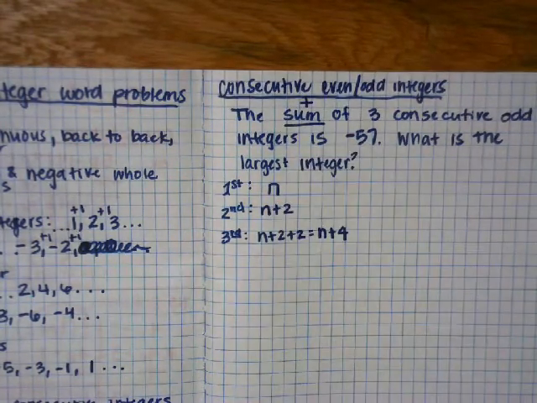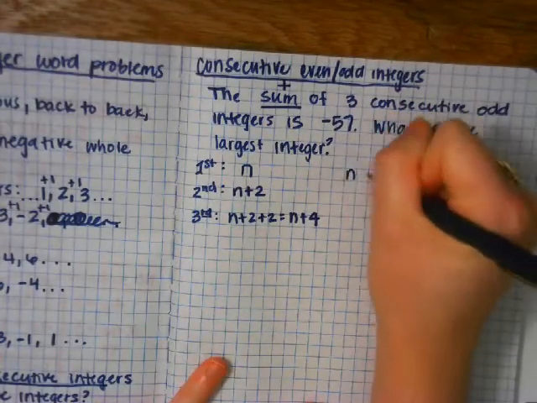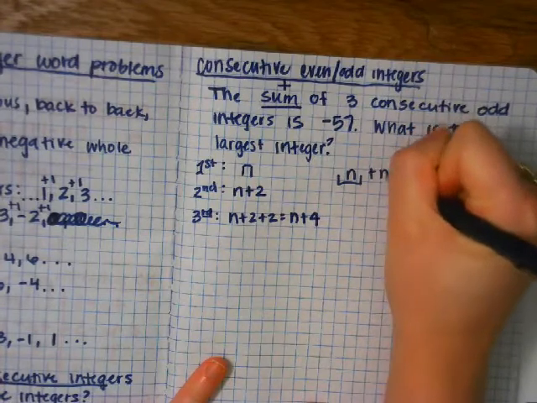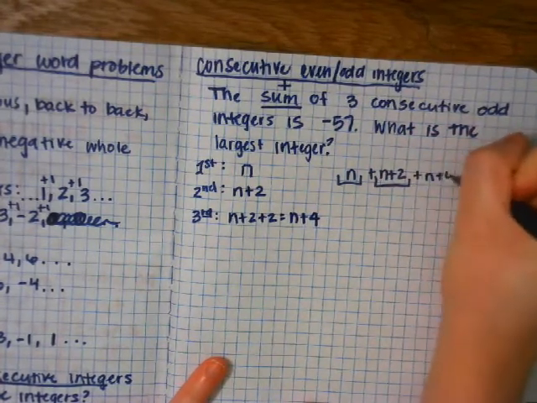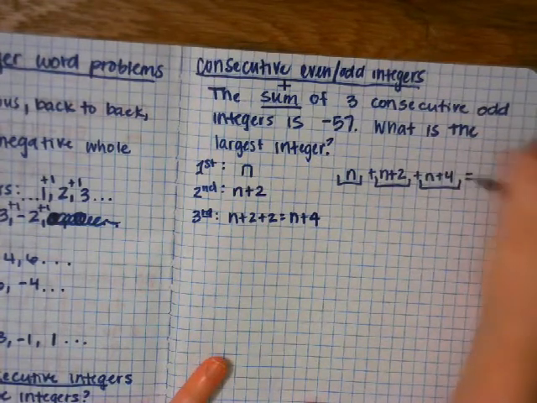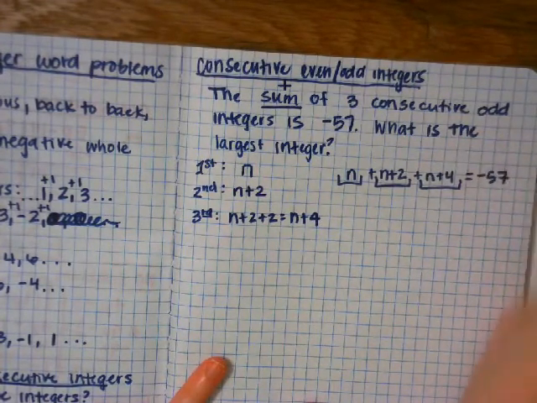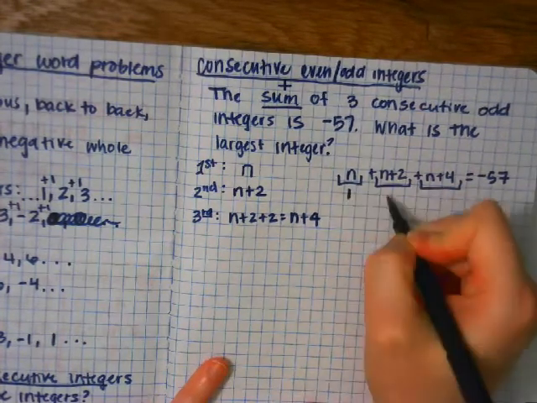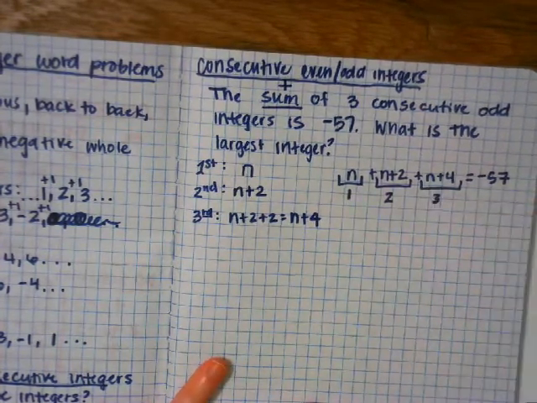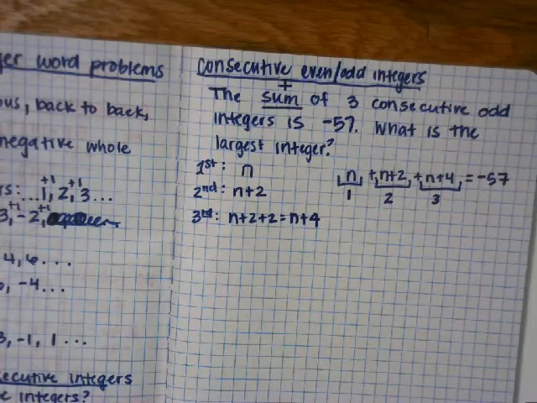So we need to add all of these up, and they're going to equal -57. So I have n plus n plus 2 plus n plus 4 is equal to -57. I'm putting these little brackets so you can differentiate our first number, second number, and third number, that they're all accounted for.